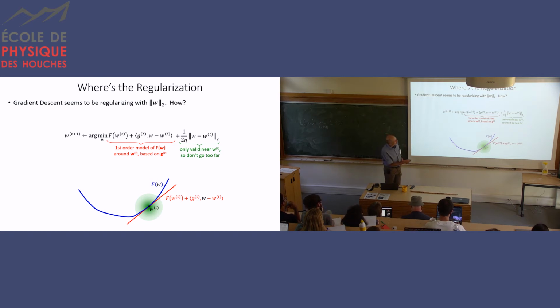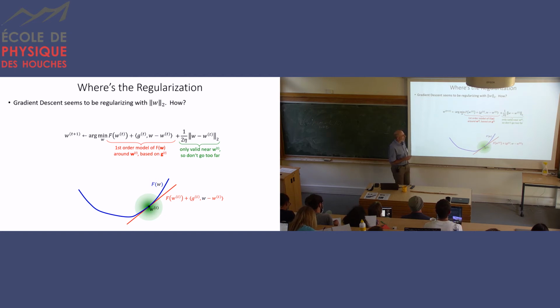It's given by a coefficient 1 over eta times the, oops, there's a squared missing here, the squared L2 distance between the point w and the previous iterate.